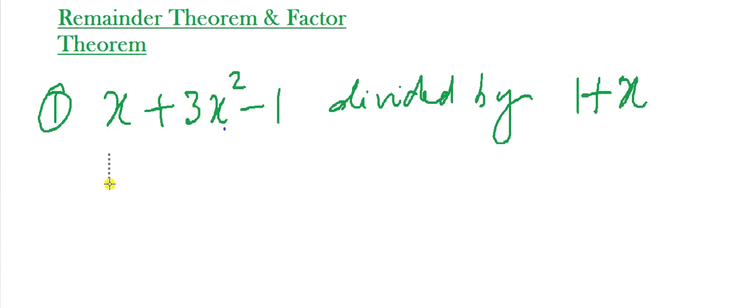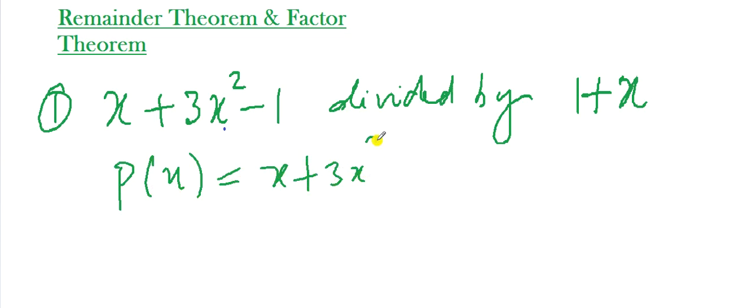So my p of x is x plus 3x square minus 1, okay, and my divisor here is 1 plus x.